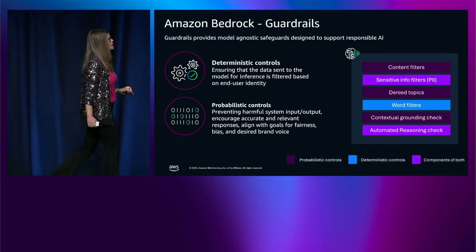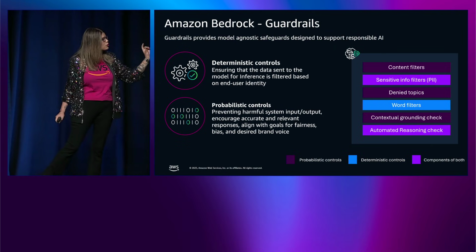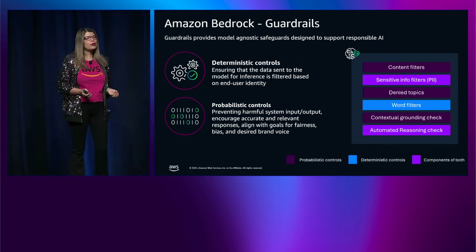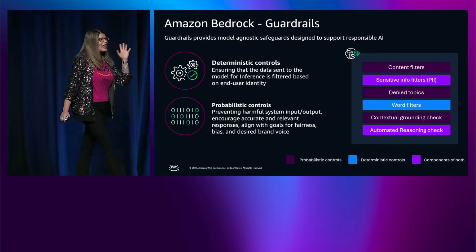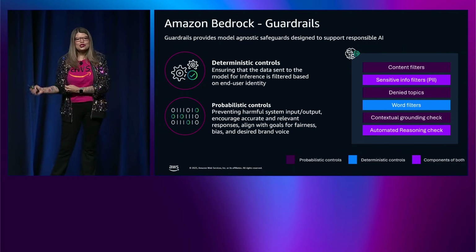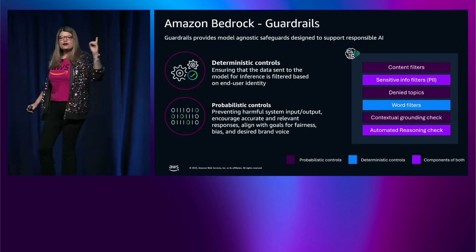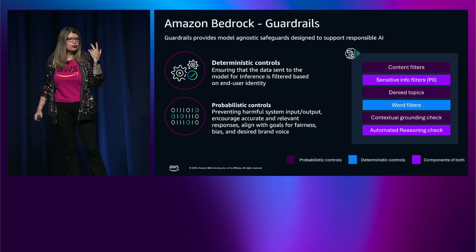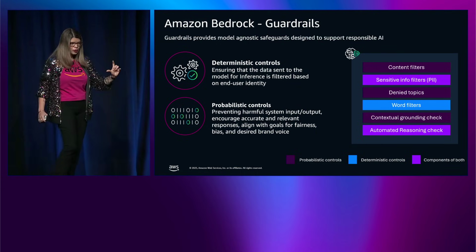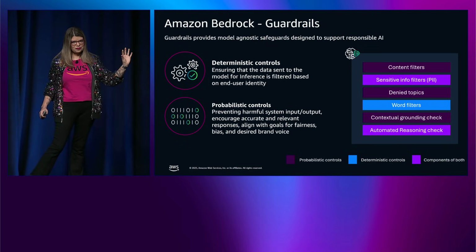There is one feature here that is my favorite in the probabilistic controls, the contextual grounding check. Well, we already talked about RAG, right? In this case, it will control the quality of the RAG. So we have a control to check if the information that was retrieved from the knowledge bases, so the chunks that were retrieved, makes sense with the question.